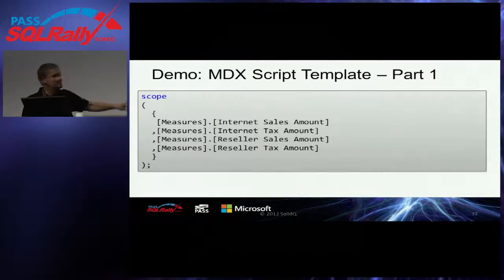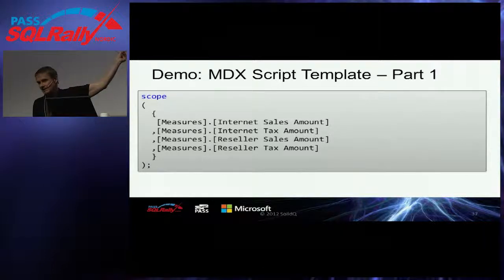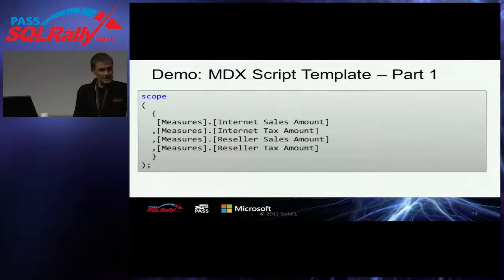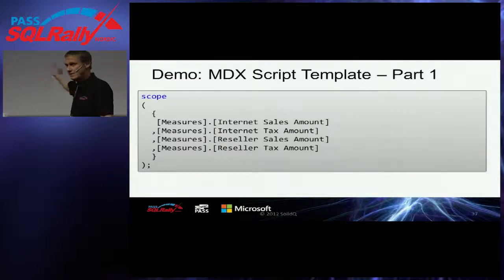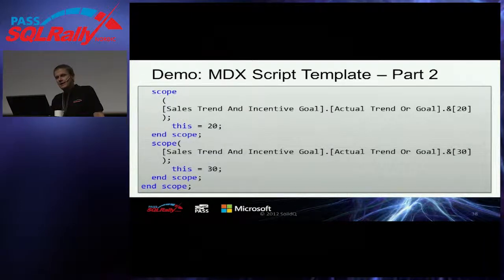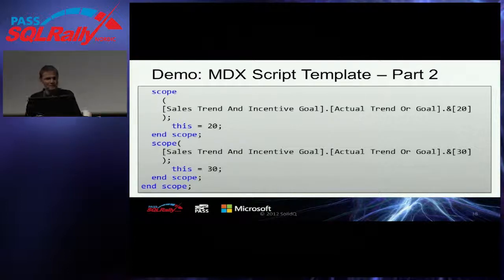The first thing is I set up a scope that says I want it to apply to these calculations. Now, if I wanted it to apply to every calculation in my cube, then I skip this step. Because what this is doing is limiting. I say I only want the calculations to apply whenever these measures are being browsed. Okay, the second part of the template is I just make a simple assignment.